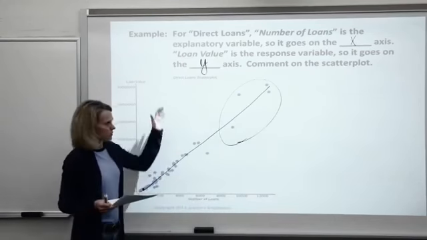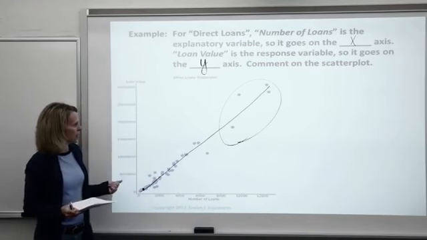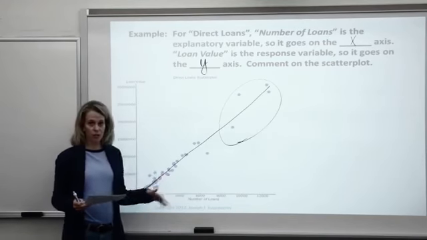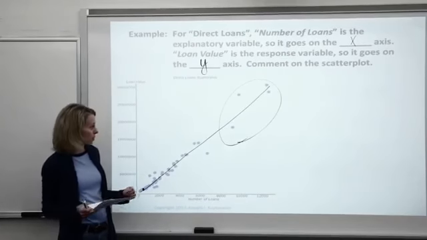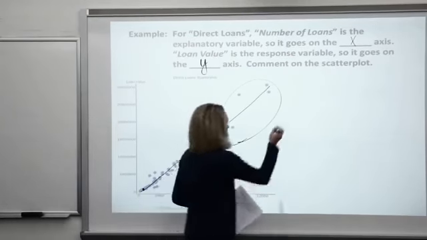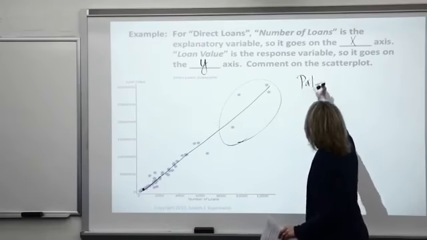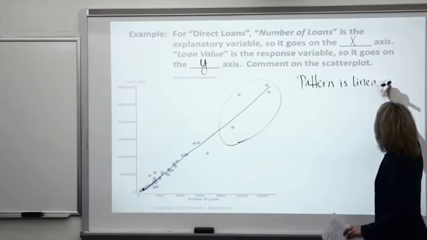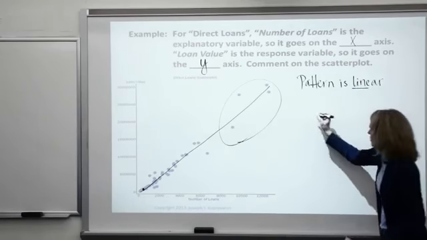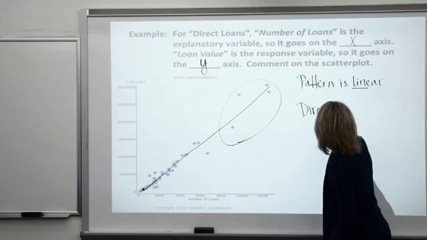I commented on some things about this scatter plot. In the next couple of slides, we're going to solidify that when you have a scatter plot like this, there are four comments we want to make. With this one, we said that the pattern is linear. It looks like a straight line. The direction is positive.